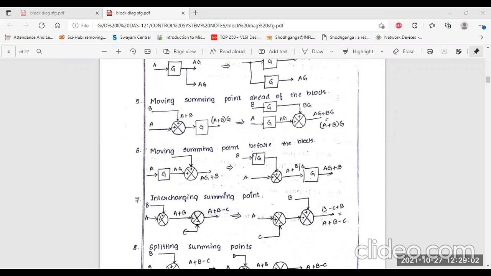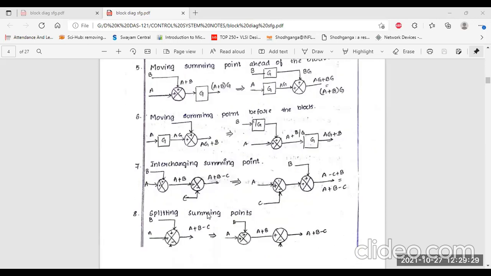So the result is A minus C plus B. So we can write this equation as A plus B minus C. These are the same thing. So we can easily interchange the summing points into this arrangement also. Clear? Yes, sir. Okay.